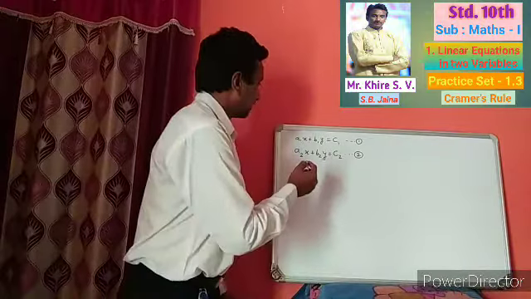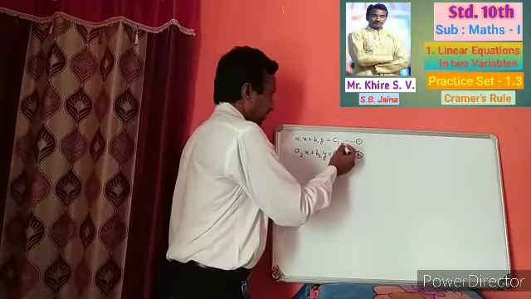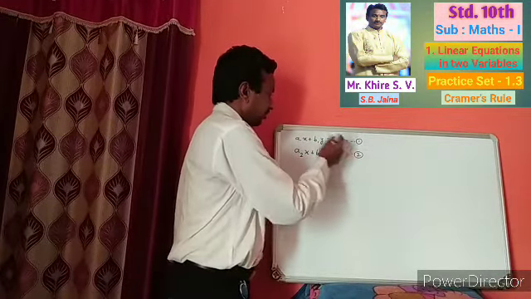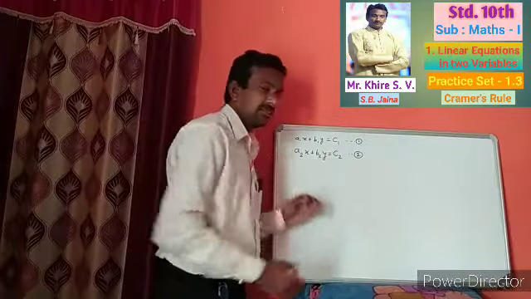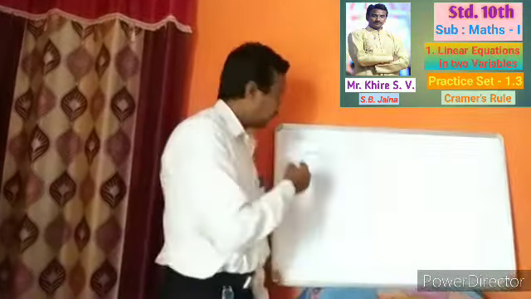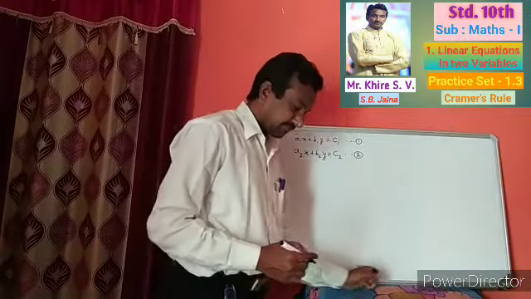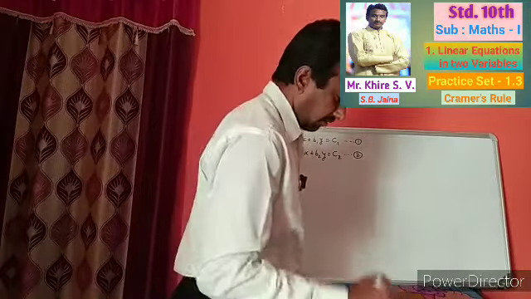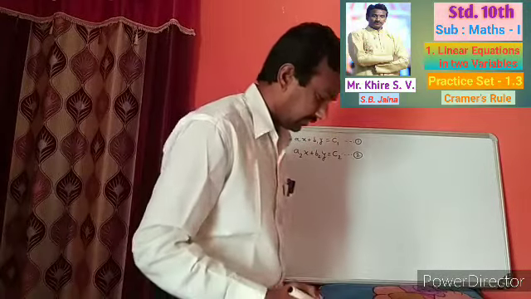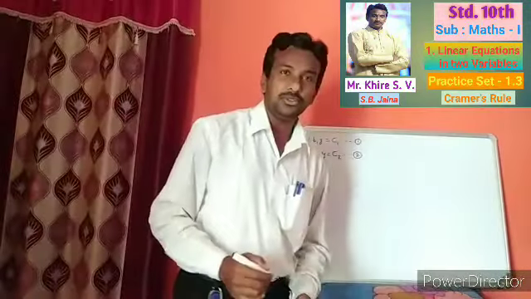Now in this case a1, b1, c1, a2, b2, c2, these all are real numbers, and x and y are our variables in the given equations. At the time of d, the column of constants c1 and c2 is omitted.